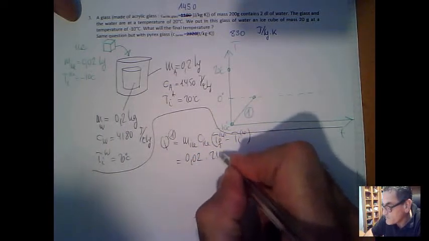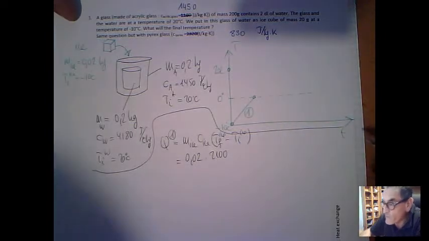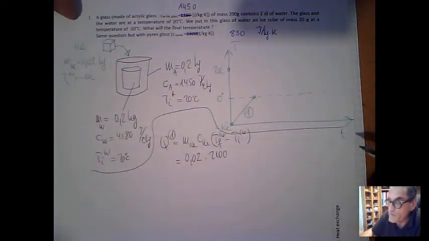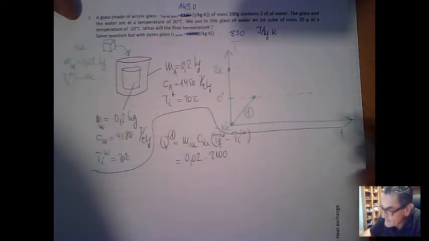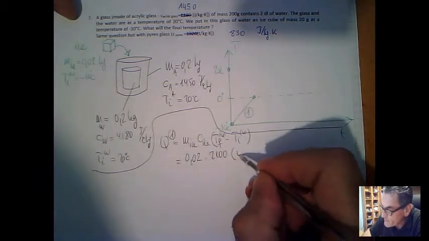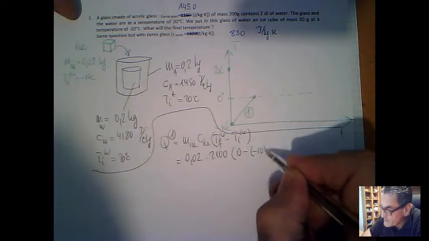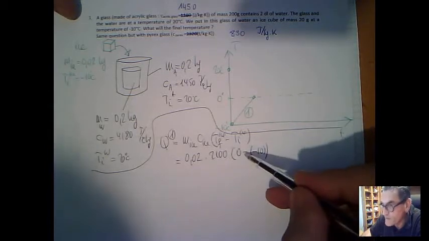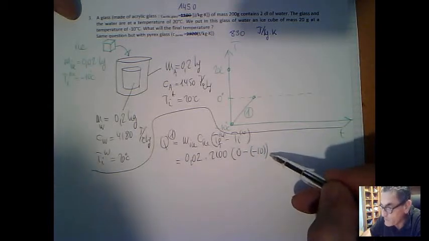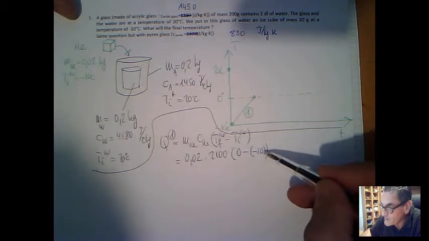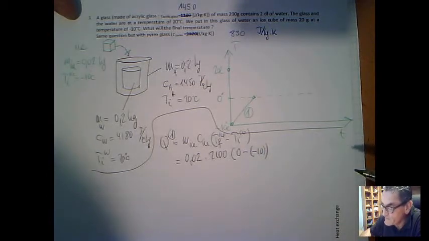What's the C of the ice? We remember it from before, it was 2100. And then the final temperature of the ice is going to be 0 minus the initial temperature of the ice. Be careful, like before, it's minus 10, so it's plus 10.